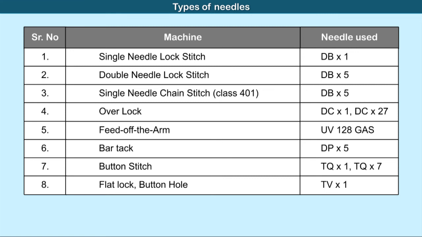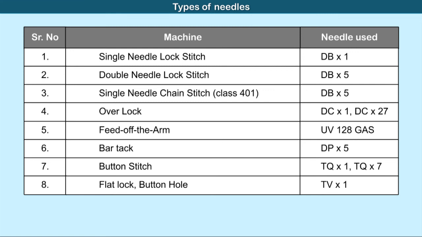Overlock machine, the needle used is DC cross 1 or DC cross 27. For feed up the arm machine, the needle used is UB 128 gas.